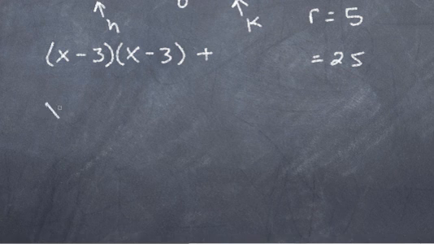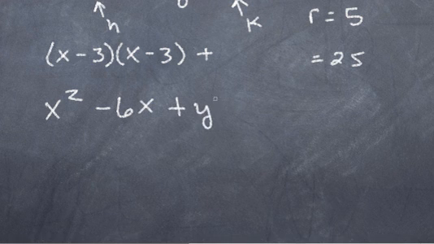So you should have something that looks like this: x squared minus 6x plus y squared minus 20y, and you should have plus 109 here.